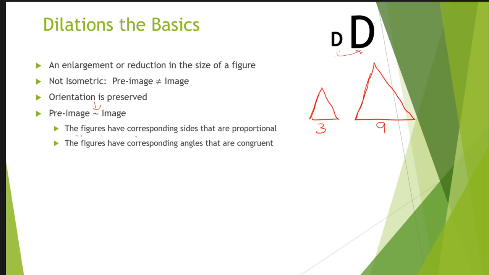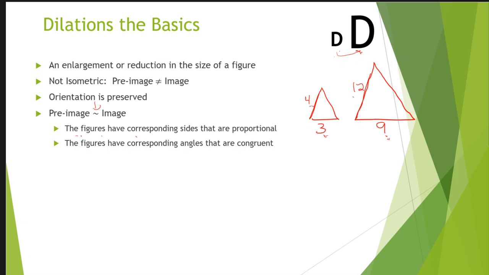So the proportion is that you're multiplying by 3 to go from 3 to 9. If this was 4, then you would expect this to be 12, because I have to have that same ratio or that same proportion. That's what it means by the corresponding sides being proportional.